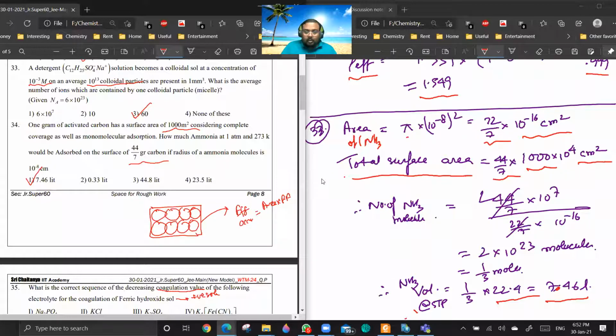What is the most efficient packing fraction? If it is hexagonal, it is 0.912 into the theoretical area. That should be equal to the effective area occupied. Are you getting the point? So even if the question is asked that way, you can do it using the packing fraction. Is it clear?